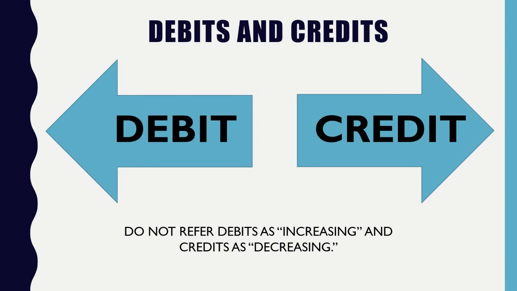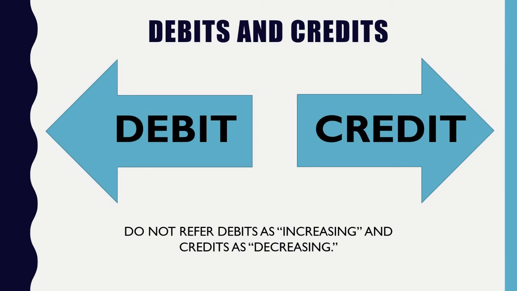Okay. So here, things that you should know. Left means debit, right means credit. Never refer to them as increase or decrease, because you need context to determine which direction each account is going to flow in, right?